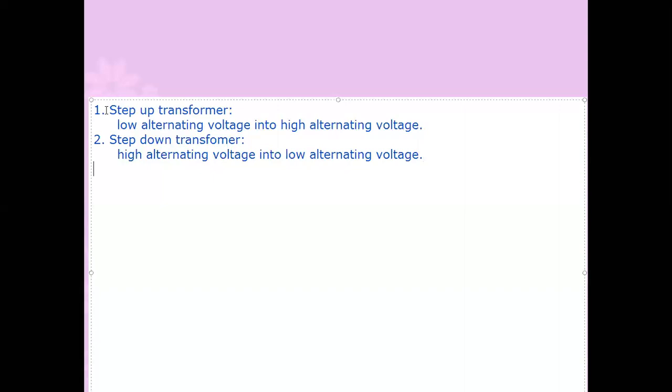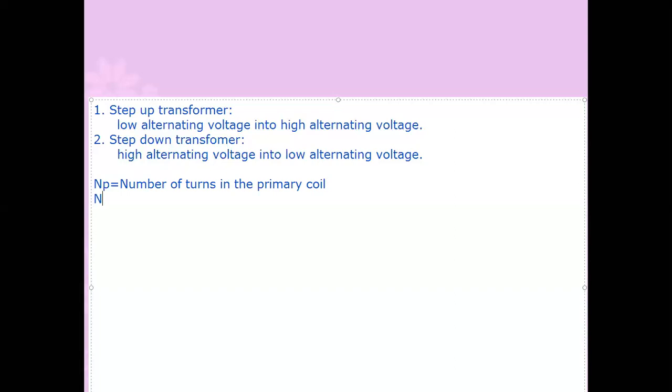The first one is Np. Np means the number of turns in the primary coil.